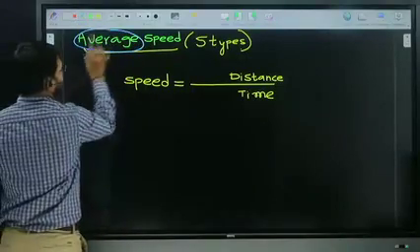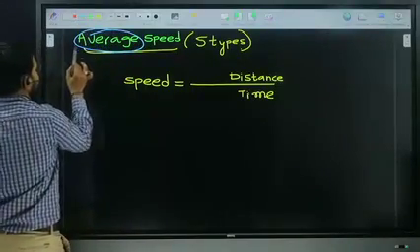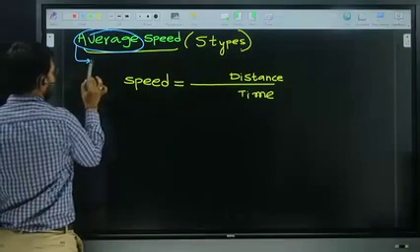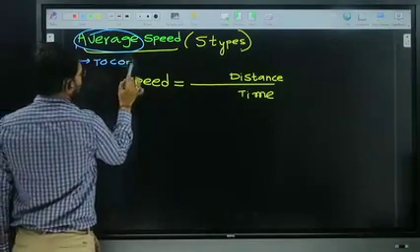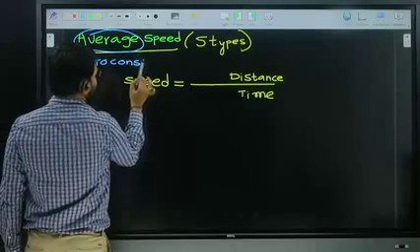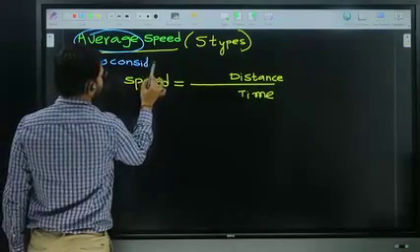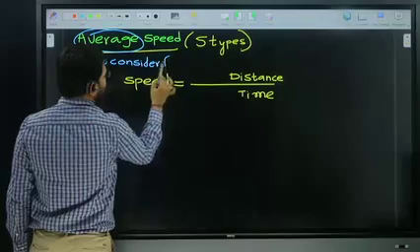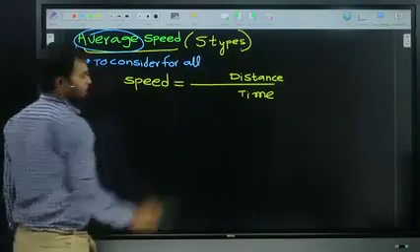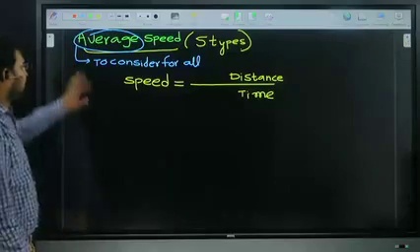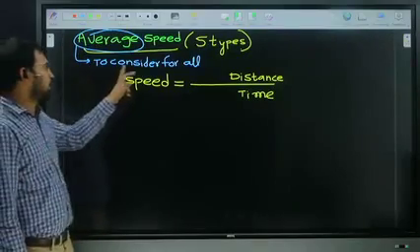What is the meaning of the word average? The meaning of the word average is nothing but to consider for all.